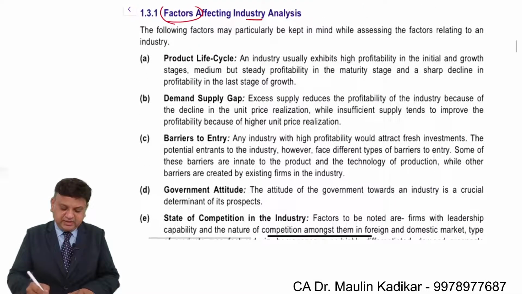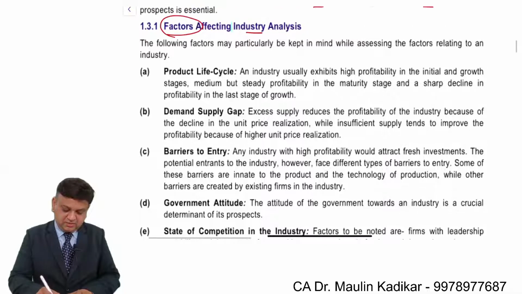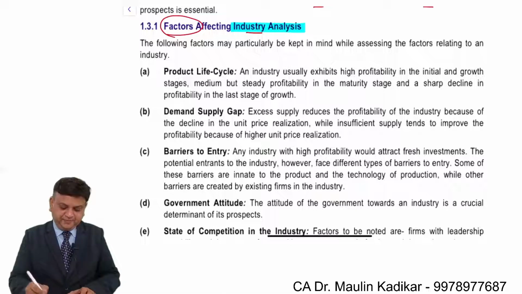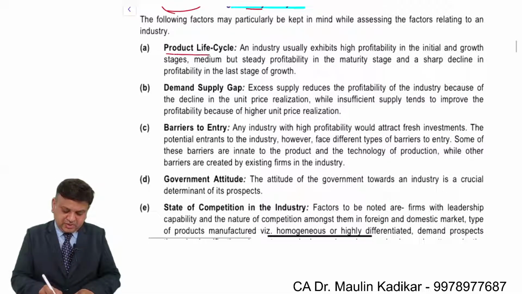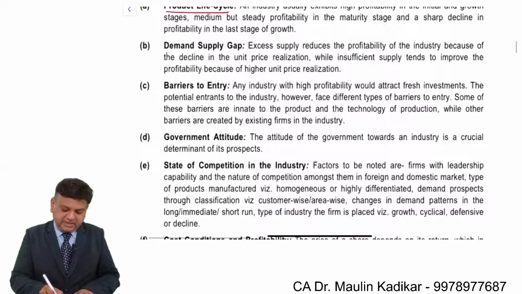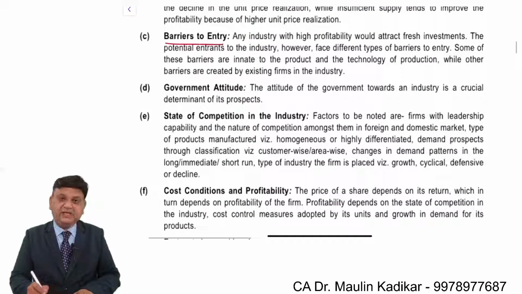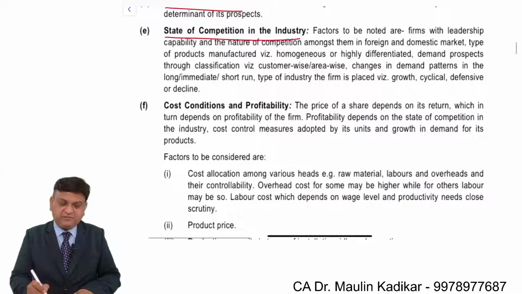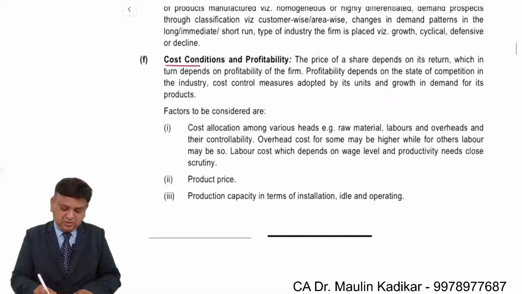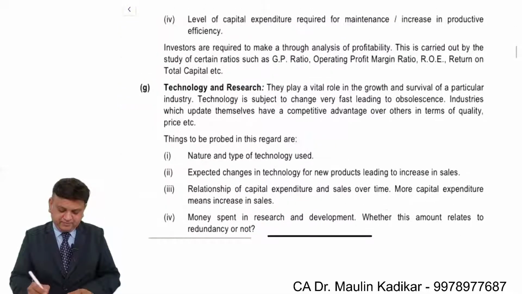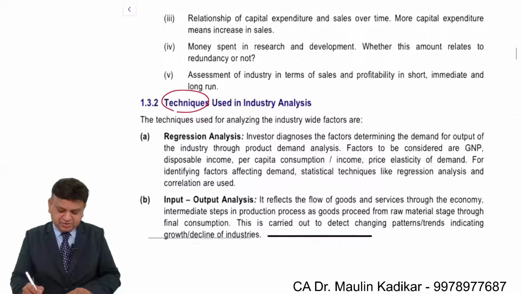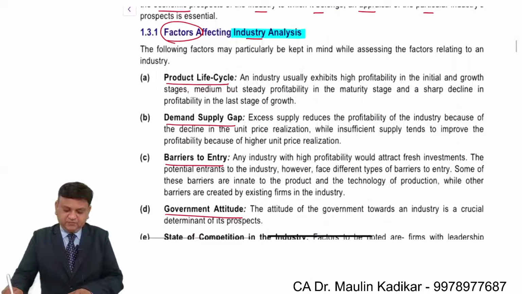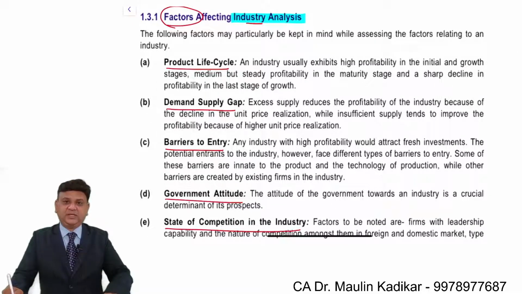Like the manufacturing sector or the textile sector, that is the kind of industry we understand. The factors are product life cycle, demand and supply gap, barriers to entry, government attitude, state of competition in the industry, cost condition and profitability, technology and research. These are the different factors which are going to have an impact on the industry analysis.